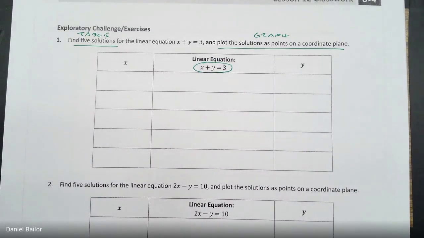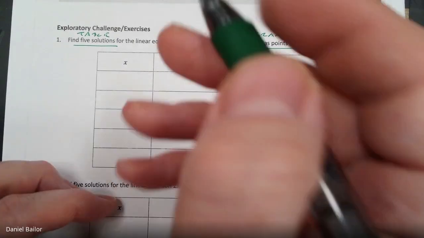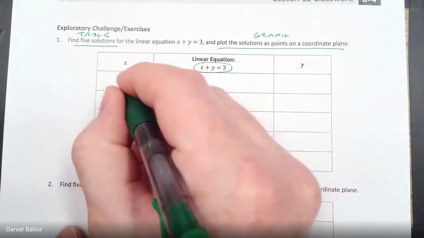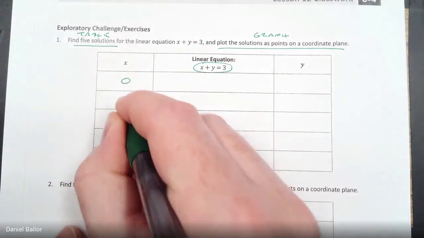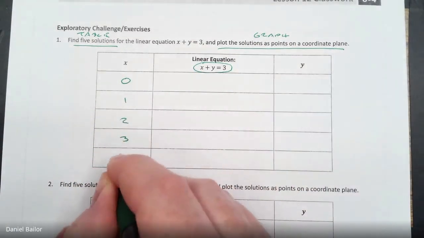You can pick absolutely anything you want. You can pick negative numbers. You can pick positive numbers. You can pick small values. You can pick large values. But for me, I'm going to pick x's, and I'm just going to say 0, 1, 2, 3, and 4.